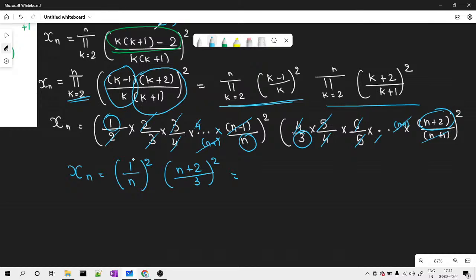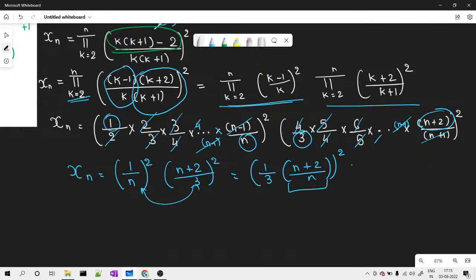Still we can further simplify this. Since both of them are squares, I can take them together and write it like this. So it is nothing but (1 by 3) times ((n plus 2) by n) the whole square. What I do is I just interchange 3 and n. After this, I split the denominator in this part.